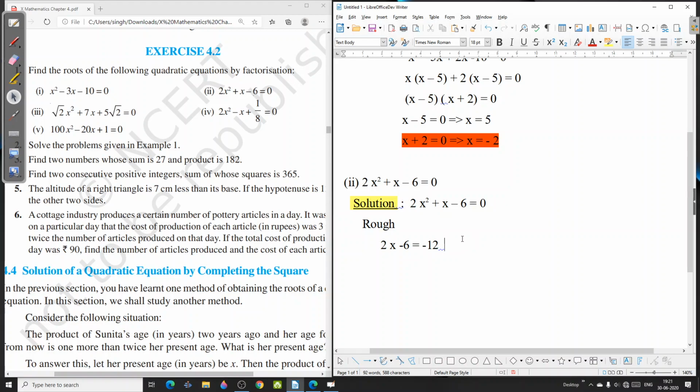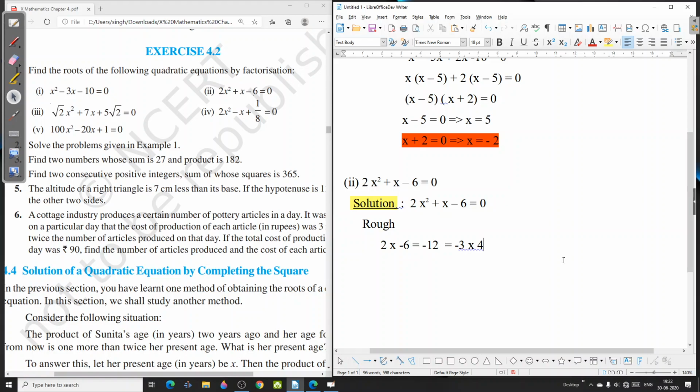If I write minus 12 directly as minus 3 into 4, see here, minus 3 into 4 is minus 12. Also minus 3 plus 4 is 1. We could have written minus 12 as minus 4 into 3 also.